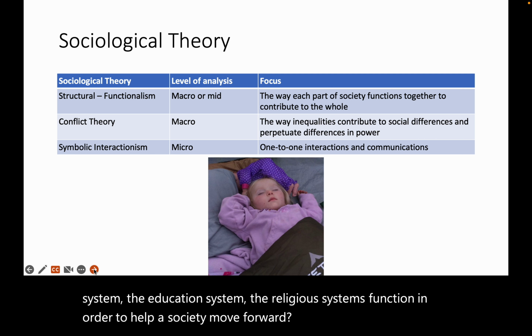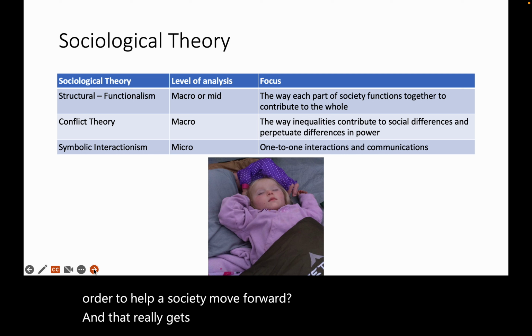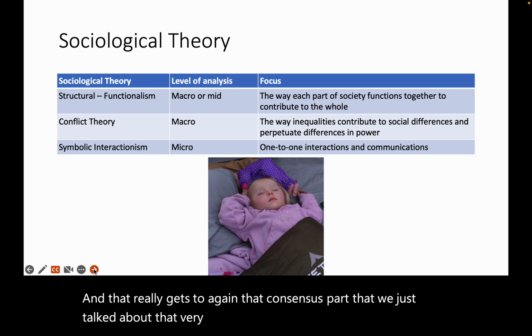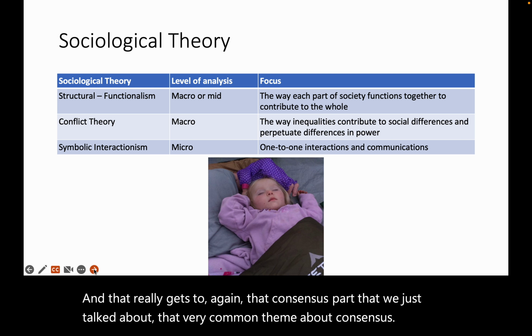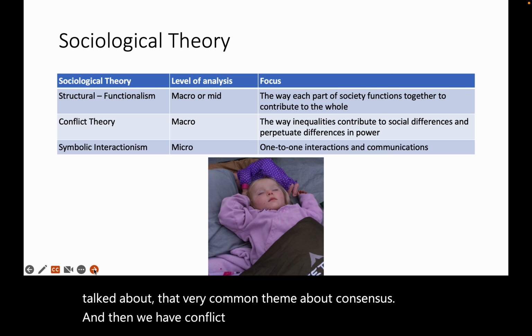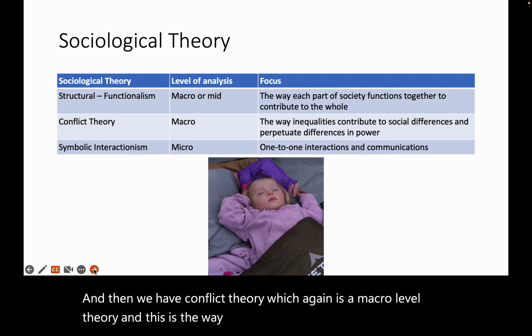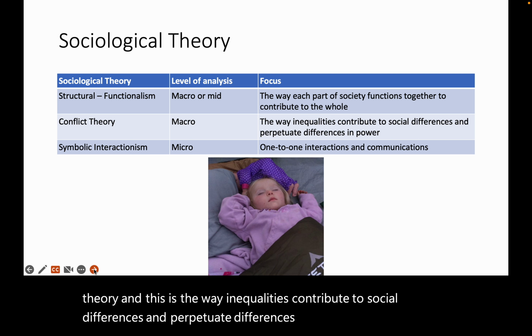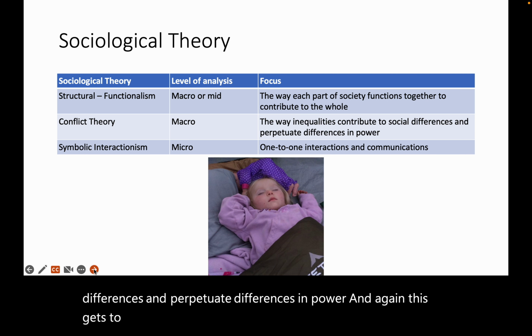And that really gets to, again, that consensus part that we just talked about, that very common theme about consensus. And then we have conflict theory, which again is a macro level theory, and this is the way inequalities contribute to social differences and perpetuate differences in power. And again, this gets to the conflict side of the common themes of sociology.